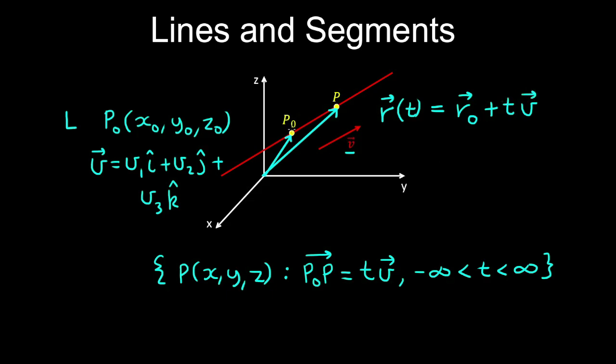So t by the vector v is this distance over here, where we're using vector addition. So we have r0 plus tv is equal to r.